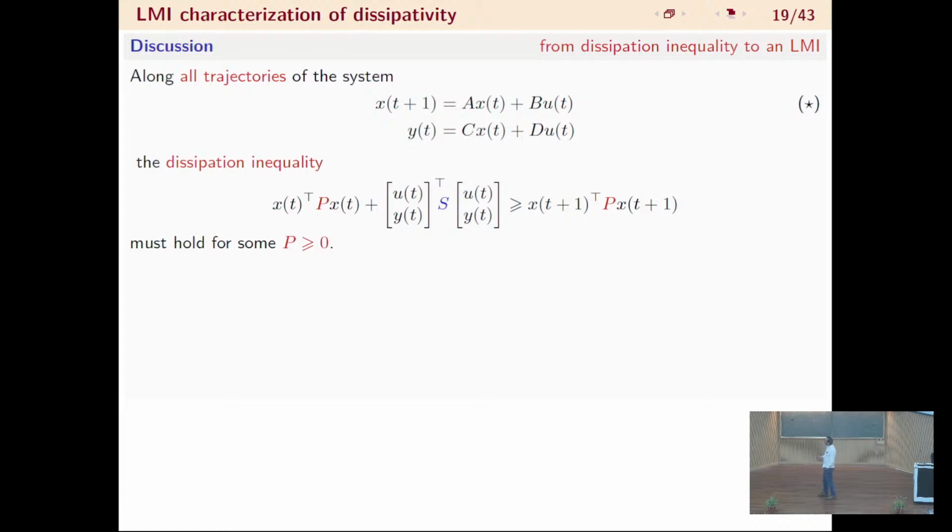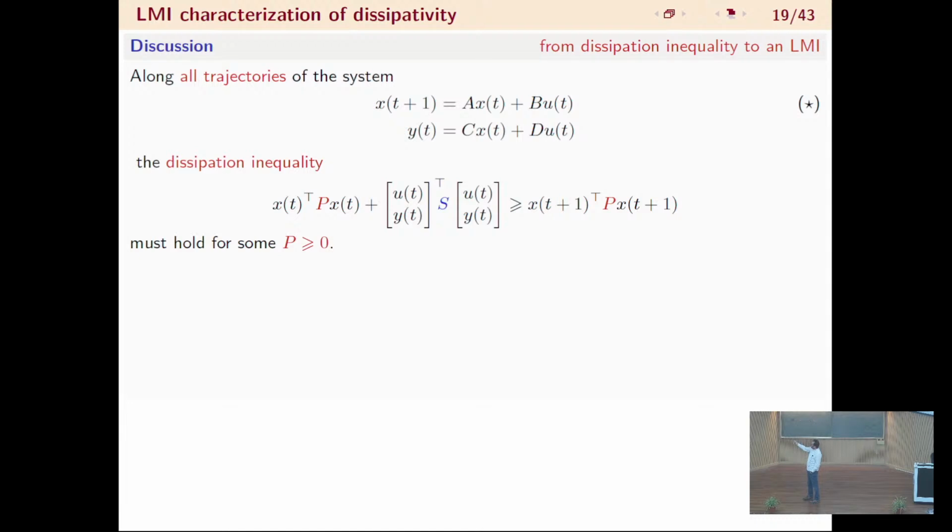Indeed, if I now look at the dissipation inequality, this is the energy stored at time t. This is the energy stored at time t plus 1, and I have this supply in between. But what I know is that x of t plus 1 is given in terms of x and u at time t.